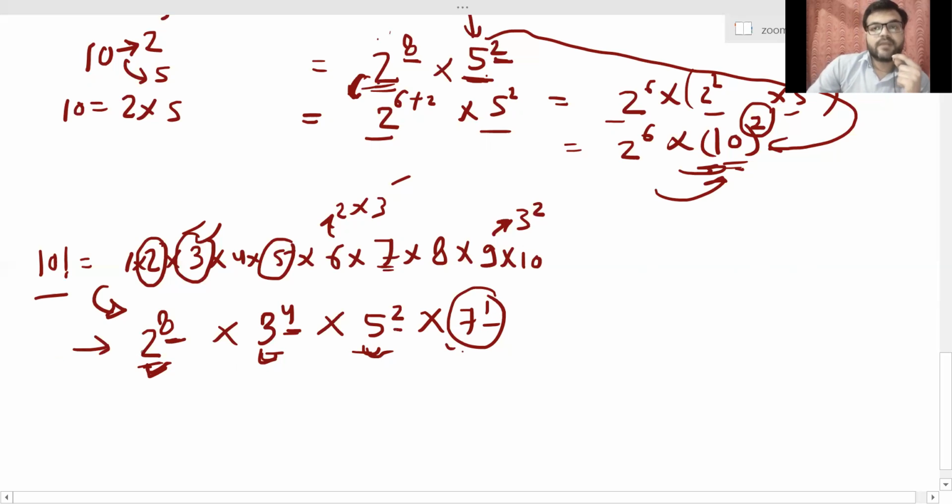Okay, so what I'm trying to say is that in any factorial number, the power of 2 is maximum as compared to the power of all the other prime numbers in that factorial. Getting my point?